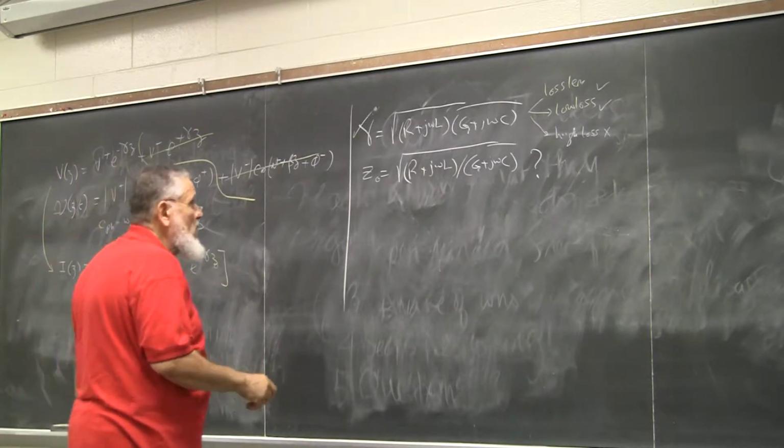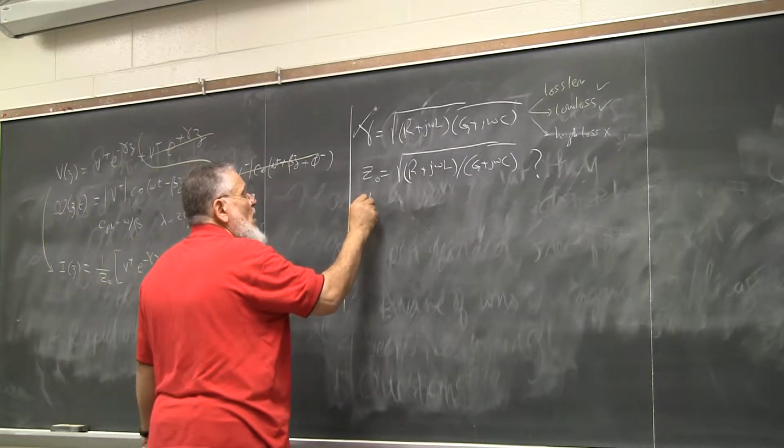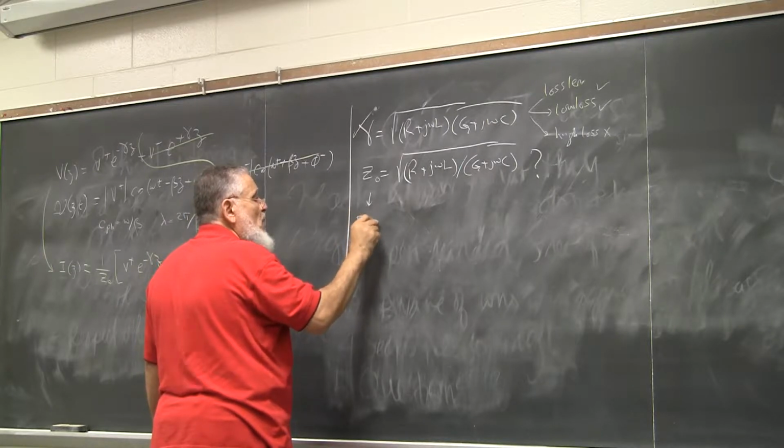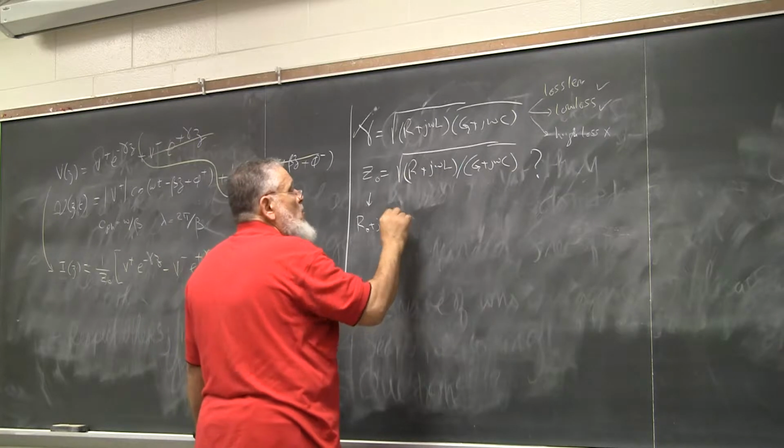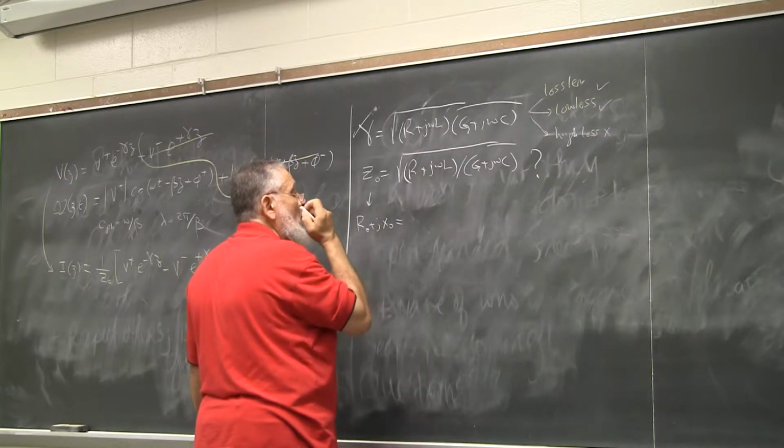But we started. We said this is a complex quantity, R naught plus j X naught, equal to that square root of the complex numbers.